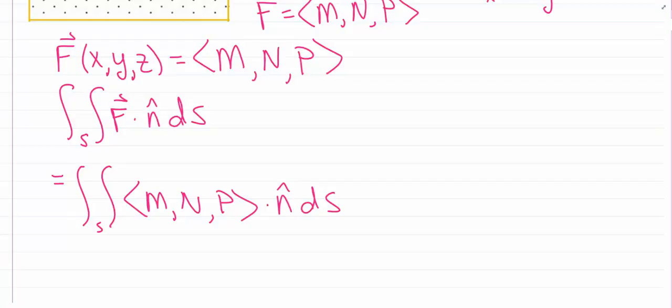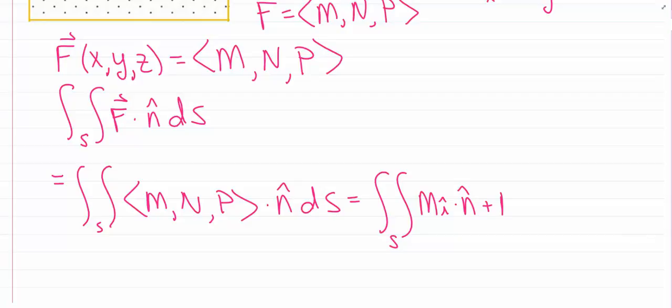Now, what I'm going to do is something that we can do with dot products, right? I can write this way. I can say, well, I'm going to take this first component, which is the i component, M i, and I'm going to dot that with n, right? I'm distributing it through.